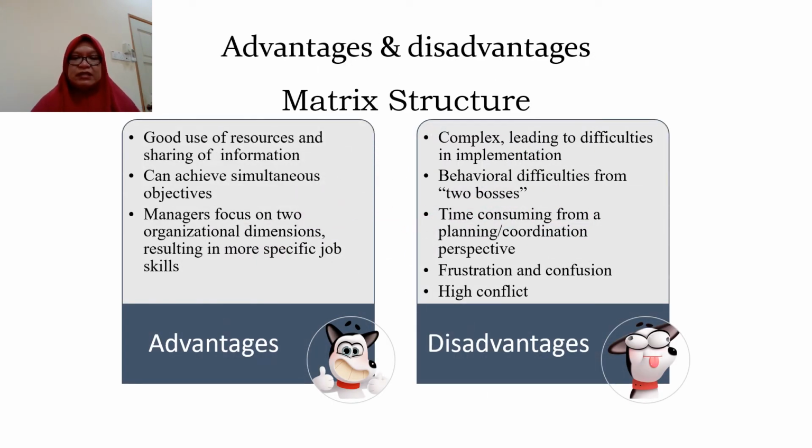Advantages and disadvantages you can read, but I want to stress that for the matrix structure, one of the disadvantages is that you have two bosses, and there will be high conflict. Let's say a boss from the marketing department and a boss from the product department. It will be confusing for the employee.